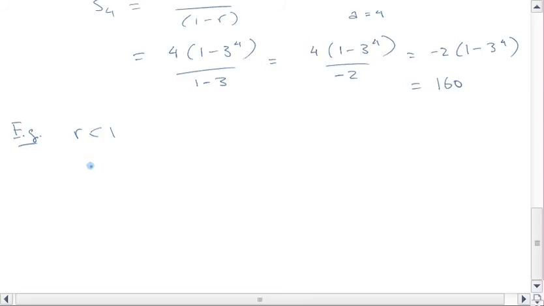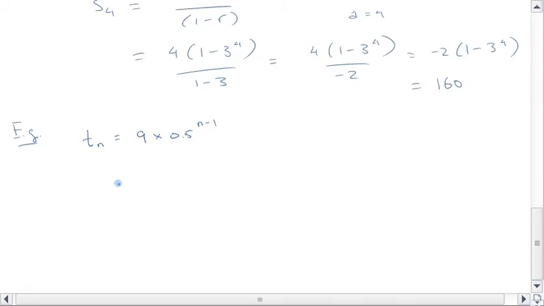So let's do the example where, let's say, I've got Tn is equal to 9 times 0.5 to the power of n minus 1. Okay.